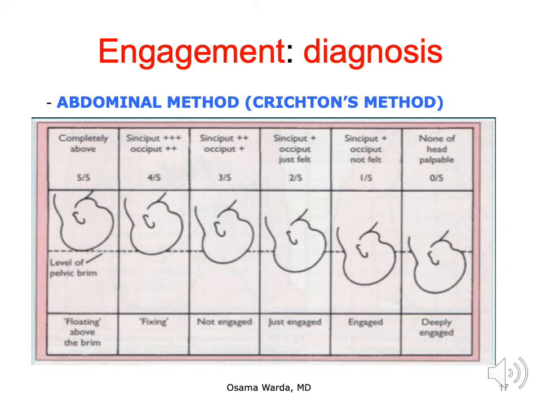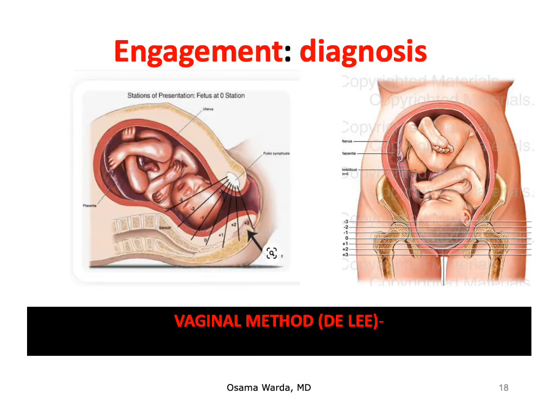The second method is the vaginal method, in which the zero station, or the landmark for calculation, is the ischial spine. The ischial spine is considered as station 0.